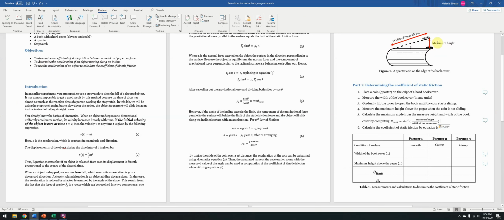So opposite this angle, you have your height, and then over here, of course, the longest side is your hypotenuse, right? And so we know a relationship between the opposite side and the hypotenuse, and that's sine. So what we're going to do is use inverse sine and take the maximum height over the width of the book cover, and we're going to find that angle.